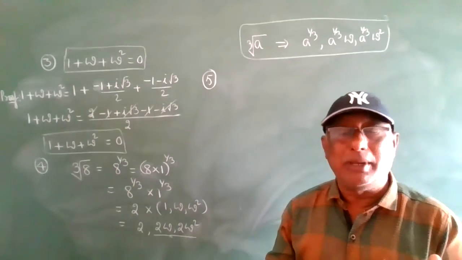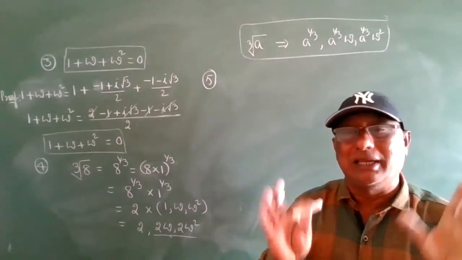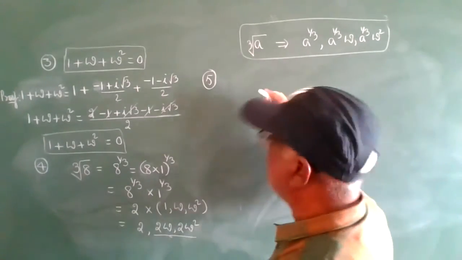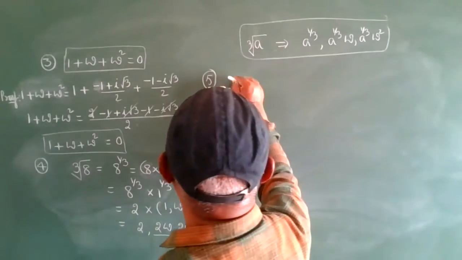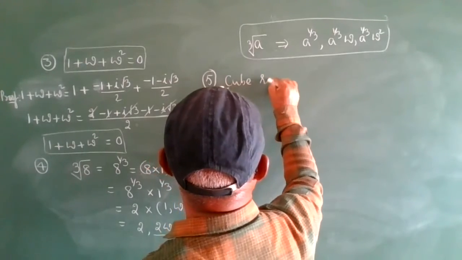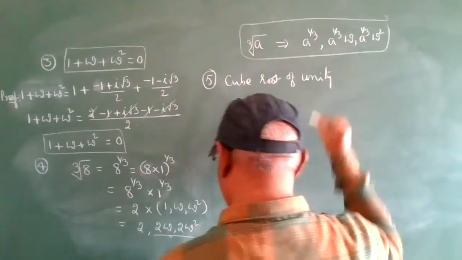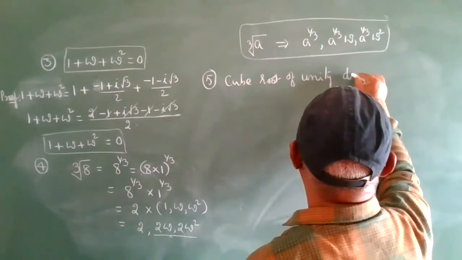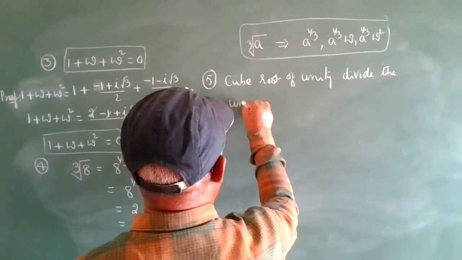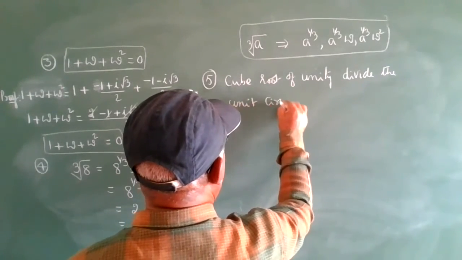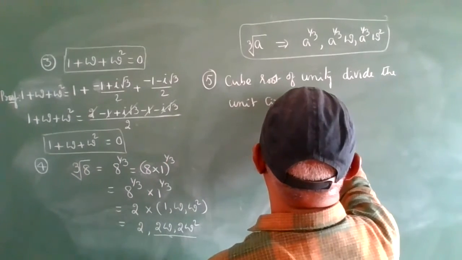Cube root of unity means the unit circle is divided into three equal parts. Unit circle means the radius is 1 unit. Cube root of unity divides the unit circle in three equal parts.